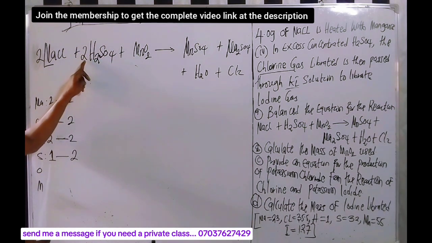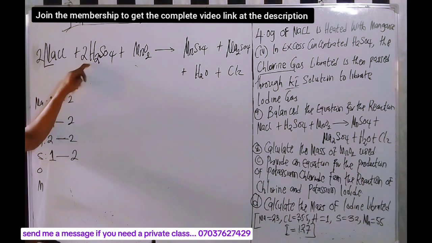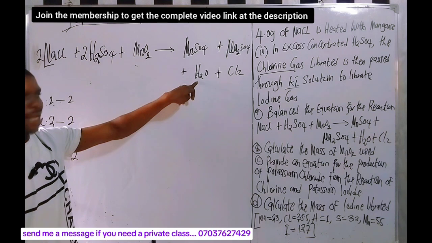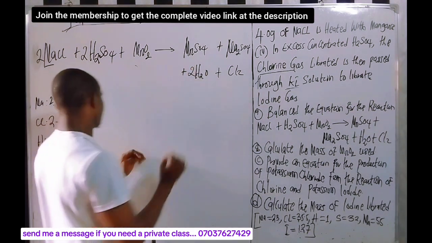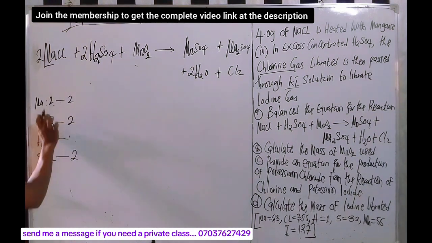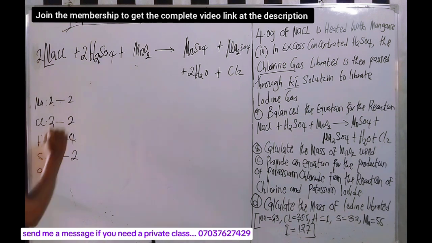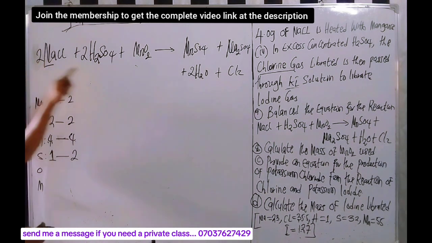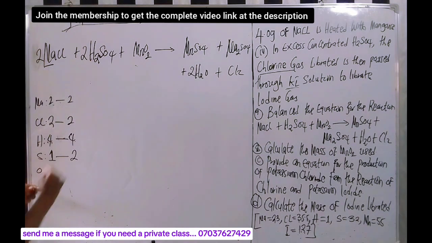But understand that if 2 is here, how many hydrogen do we have? Here we have 4, because 2 already, right? So you have to put 2 here, so that hydrogen will become 4, 4. So sodium is 2, correct.